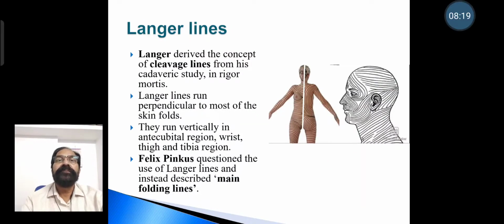Langer lines: Langer derived the concept of cleavage lines from his cadaveric study in rigor mortis. Langer lines run perpendicular to most of the skin folds. They run vertically in the antecubital region, wrist, thigh and tibia region. Felix Pinkus questioned the use of Langer lines and instead described main folding lines.